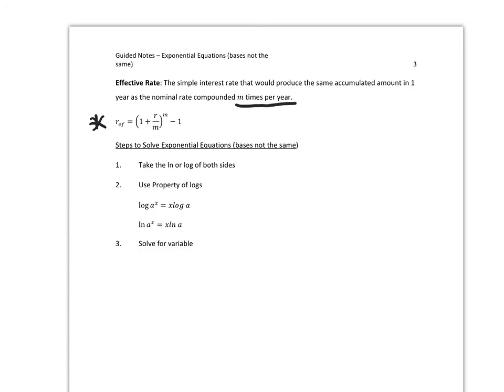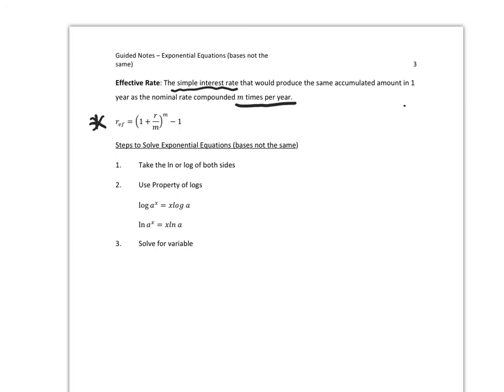And the effective rate is the simple interest rate, I equals PRT, that would produce the same accumulated amount in 1 year as the nominal rate compounded M times per year. So just store that in your mind in case you ever need it. I don't think you have any group work problems using it.